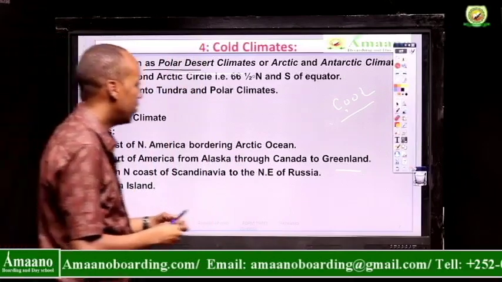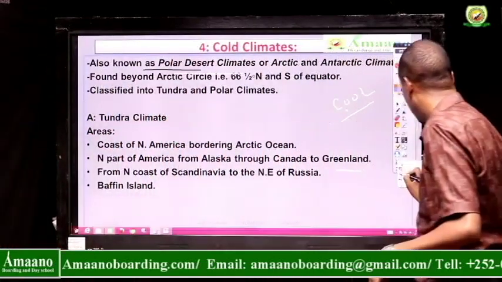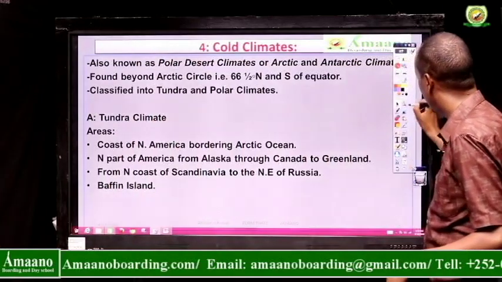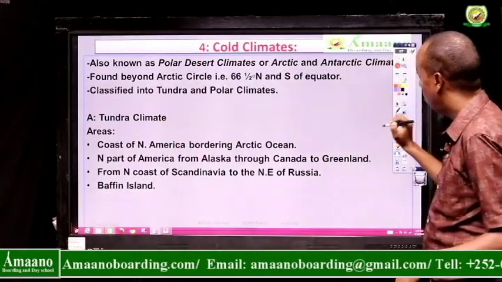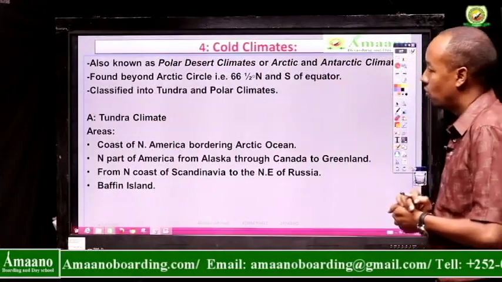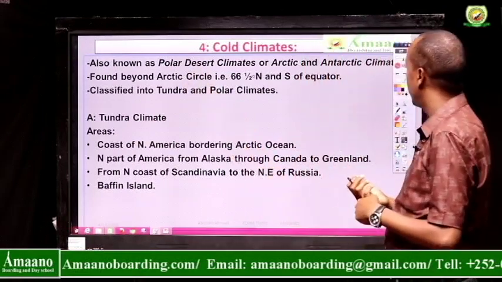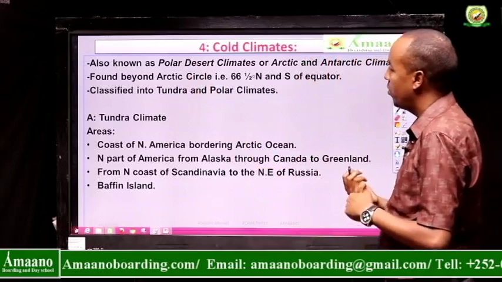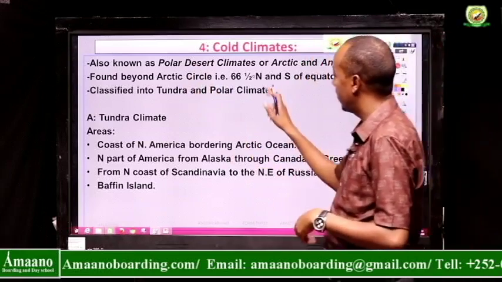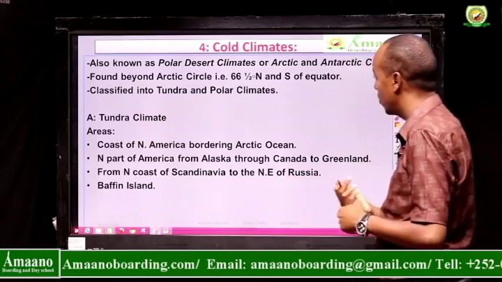So now the second topic of today's lesson, as you can see, students, is the cold climate. So this one is also known as polar desert climate or Arctic and Antarctic climate. It is found beyond the Arctic Circle, 66.5 degrees north and south of the equator.